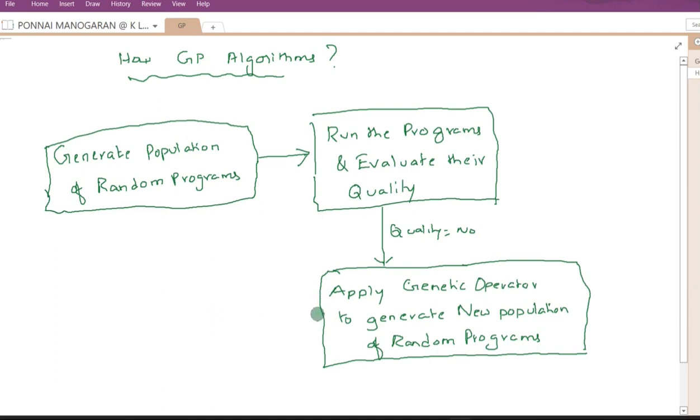Here we will apply them for generating programs. So again, you will run the programs and check their quality with the performance parameters. Once the termination criteria is reached, if the quality is yes, then you will have found an optimum solution.